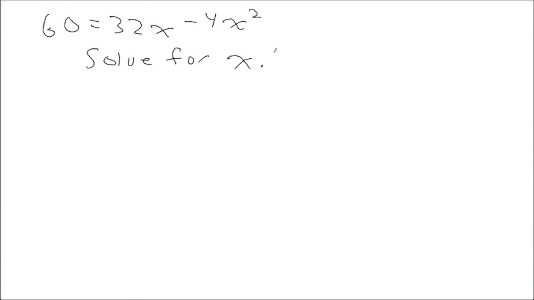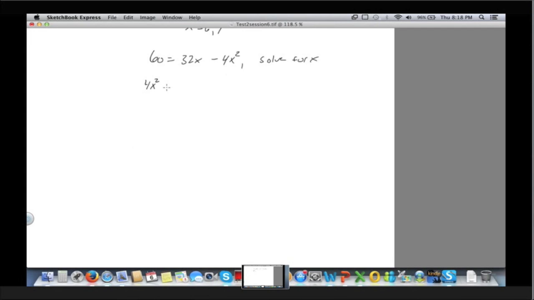Let's try this problem. Okay. So 4x cubed squared minus 32x plus 60. Okay.